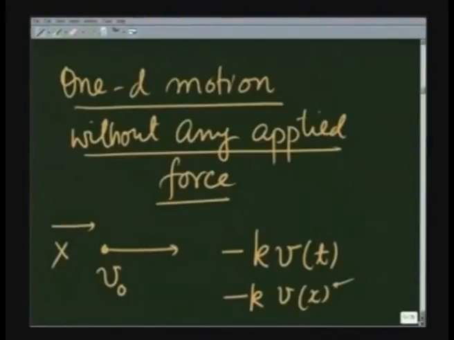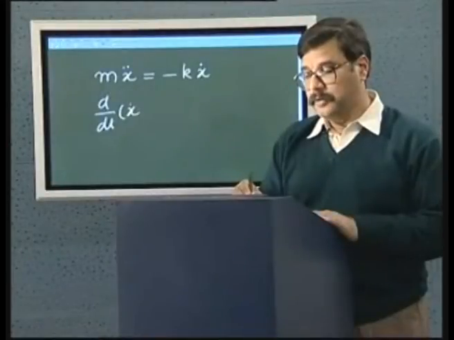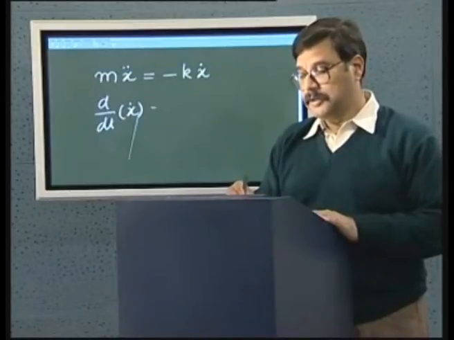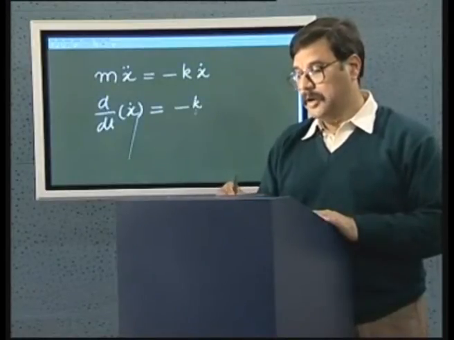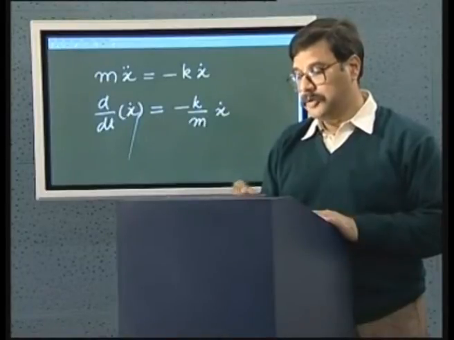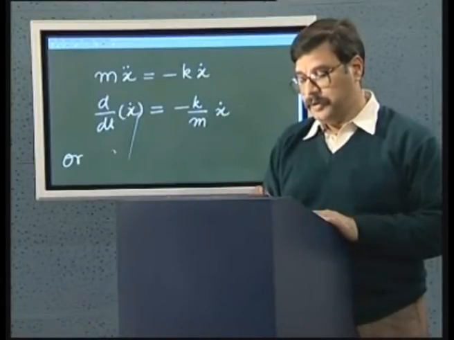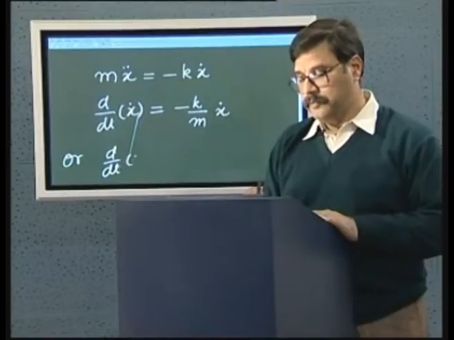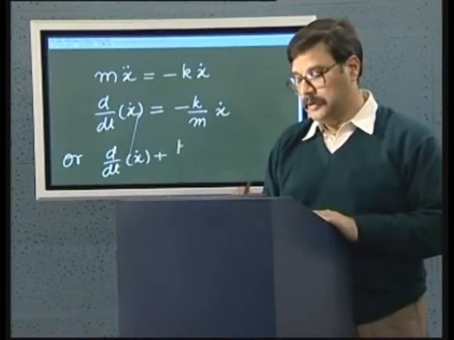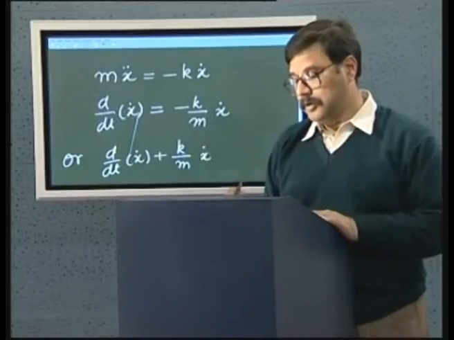The equation of motion for this is going to be m x double dot equals minus k x dot. In more familiar terms, it's going to be d over dt of x dot, which is nothing but x double dot, equal to minus k over m x dot, or d over dt of x dot plus k over m x dot equal to 0.